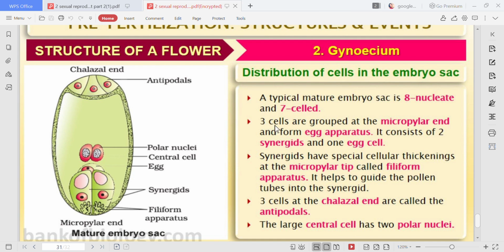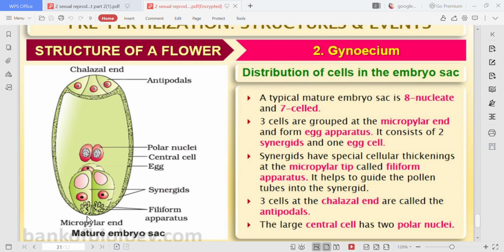3 cells are grouped at the micropylar end and they form the egg apparatus. It consists of 2 synergids, you see, these are the 2 synergids, and 1 egg cell. Synergids have cellular thickenings at the micropylar tip called the filiform apparatus. It helps to guide the pollen tube into the synergids. Now, there is a part you see here which is called the filiform apparatus.